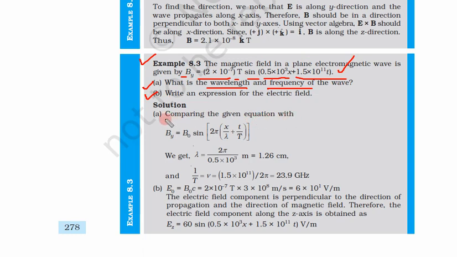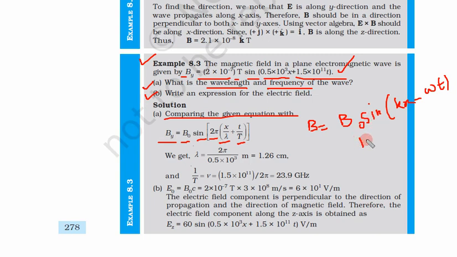Now we compare this with the standard equation. The standard equation is By is equal to B0 sine 2 pi (x by lambda minus t by T). How do we write this equation? Because our equation is B is equal to B0 sine (kx minus omega t).